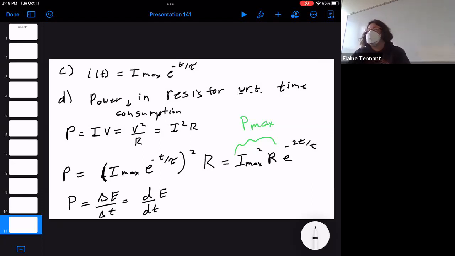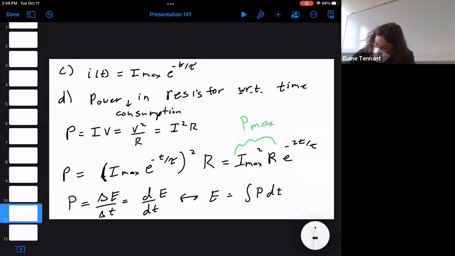Which, of course, means that we can also do a calculus thing, where if power is the time derivative of energy, energy is the time integral of power. So if I want to know how much energy total is being emitted by this light bulb, I would integrate the power over whatever time I have.